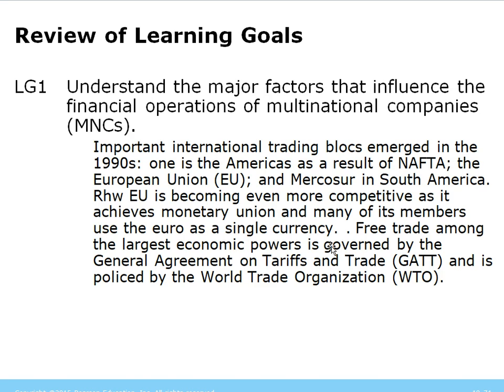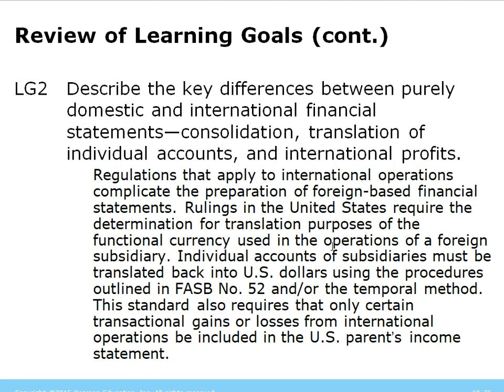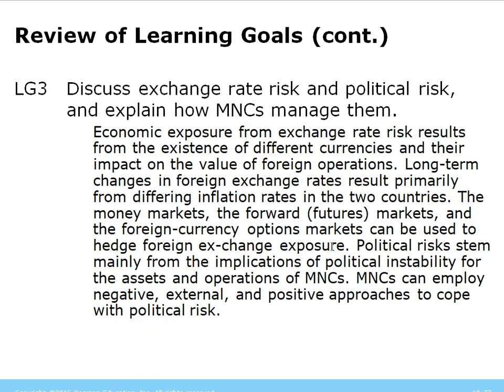Okay, so that brings us to the end of this rather lengthy chapter on international finance. In this chapter, we discussed the major factors that influence financial operations of multinational companies, the differences between domestic and international financial statements and how to consolidate them, translation of individual accounts and international profits. We talked about exchange rates, risk, political risk, and how to manage them.